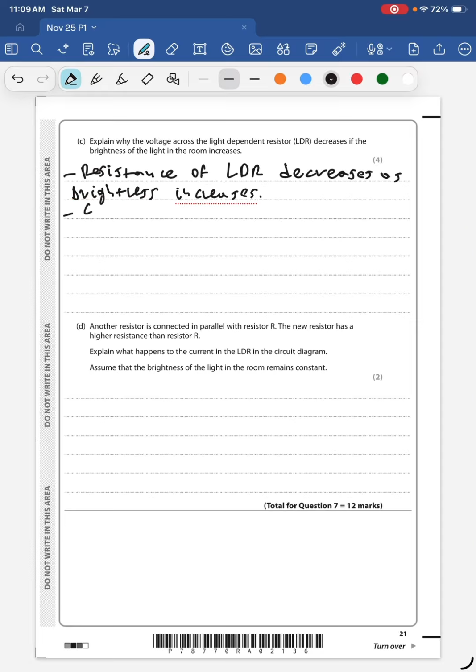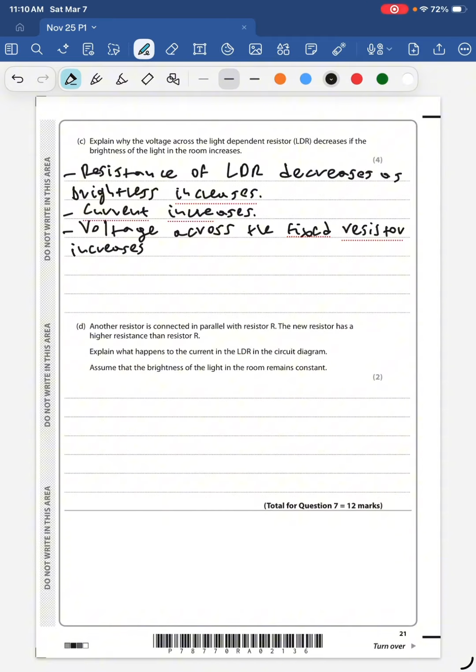So current increases. The voltage across the fixed resistor increases, right? Because more current passes through it.